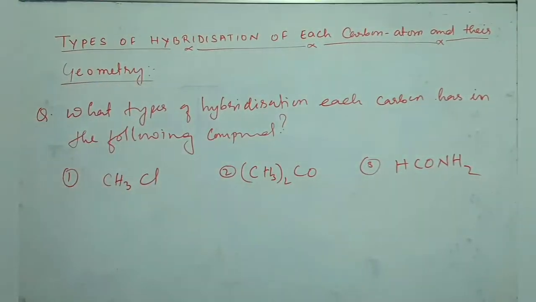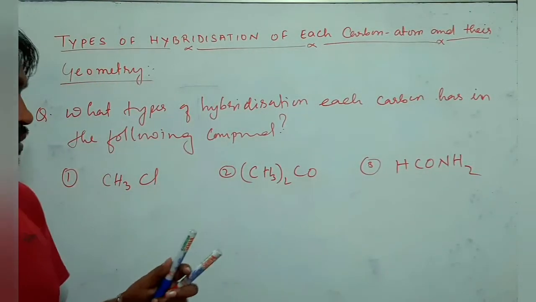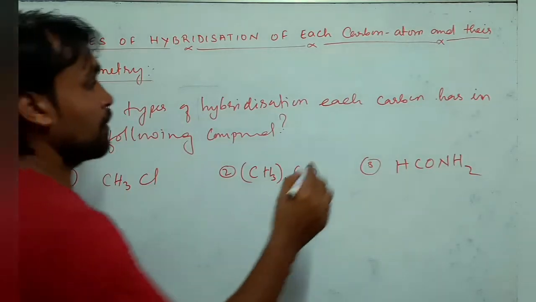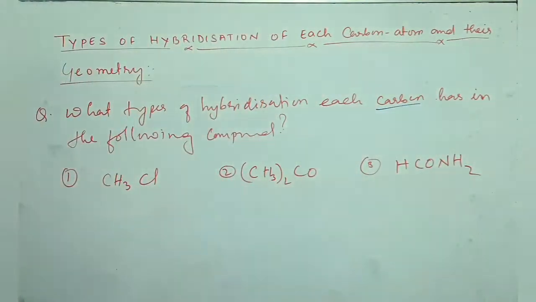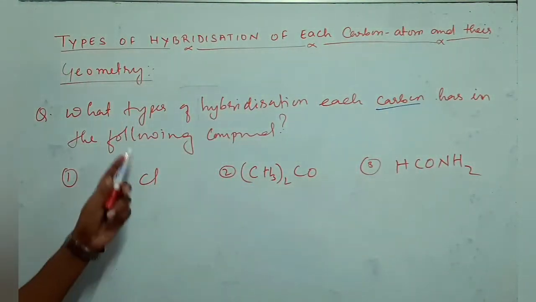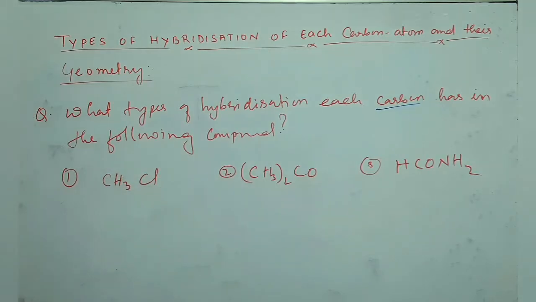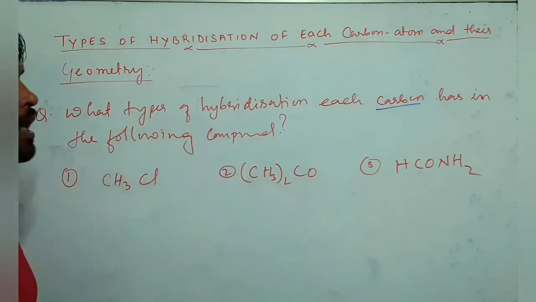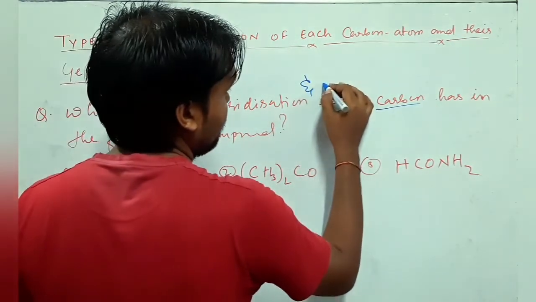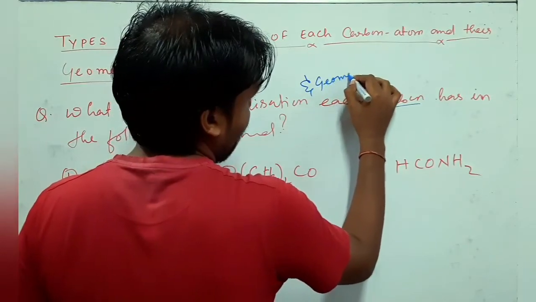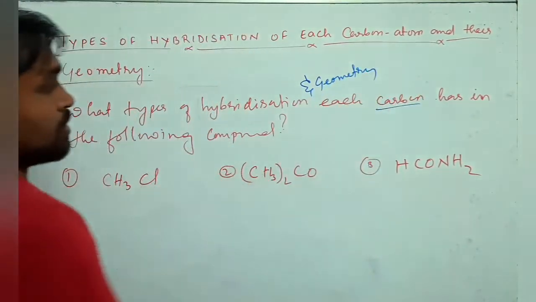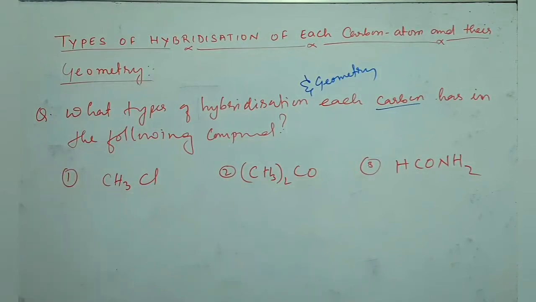Here we are going to find out only the hybridization of carbon, dear students, you have to keep it in mind. In the question they have not asked the geometry, but we will discuss the geometry also: what type of hybridization and geometry each carbon has in the following compounds.